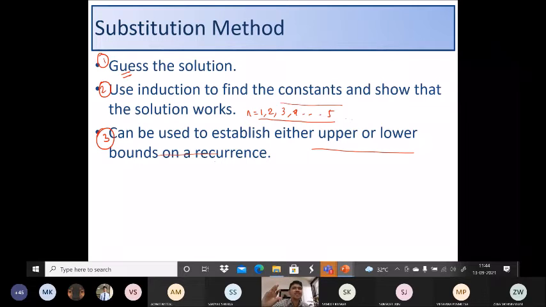If the question is find out the big O, big O means we have to find the upper bound. Omega, we have to find out the lower bound. Theta, we have to find upper bound and lower bound both. So based on the question, we will try to find out the upper bound, lower bound.